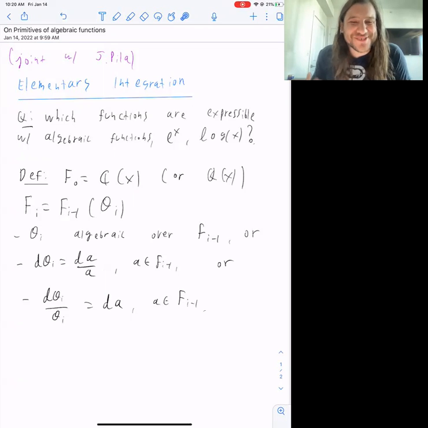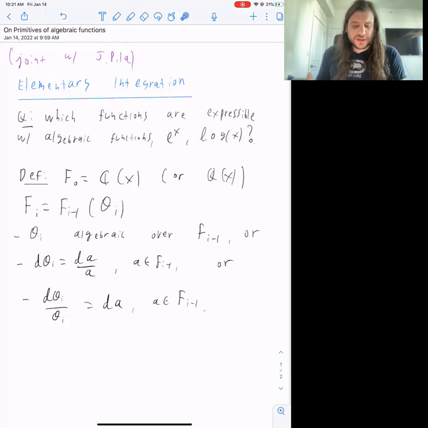Sorry, you define a Liouvillian extension if you would also allow the primitives, antiderivatives. So are you excluding them or are you allowing them? Am I allowing primitives of arbitrary functions? Primitives of functions which are obtained on the previous step. No, not all primitives, for sure. Not all primitives, only the logarithms of primitives or exponentials of the primitives.